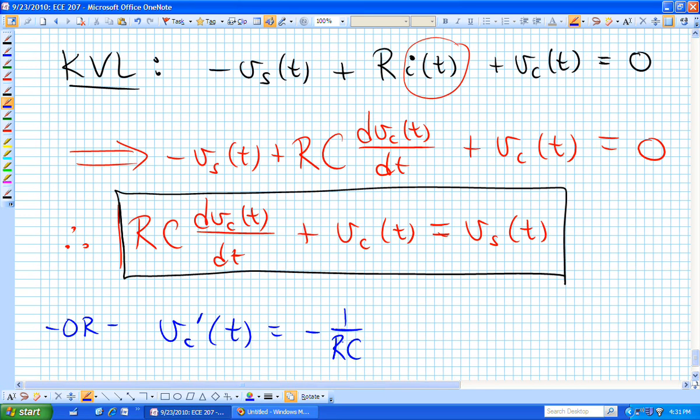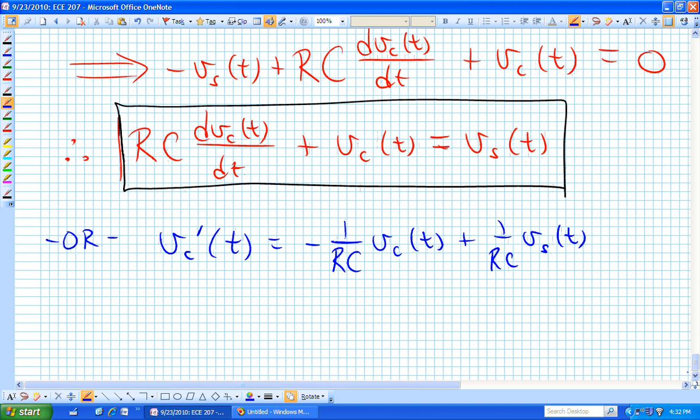Doing that, I now move the V sub C to the right. That gives me a minus, but I've now divided everything by RC. And that's an equivalent first-order differential equation, describing exactly the same set of dynamics. Questions on that?